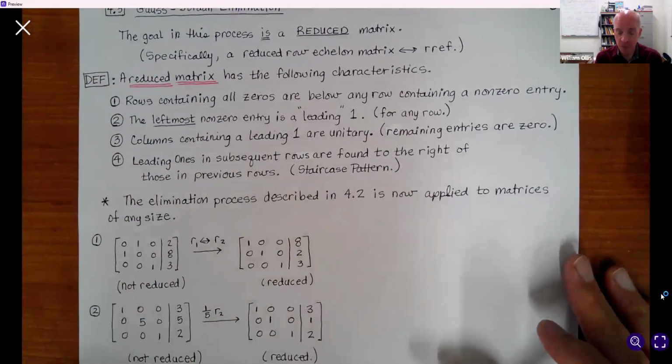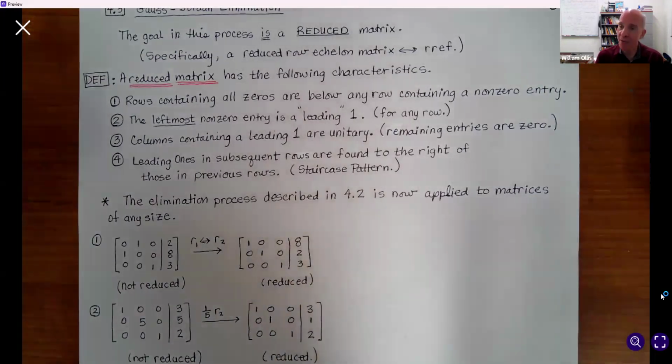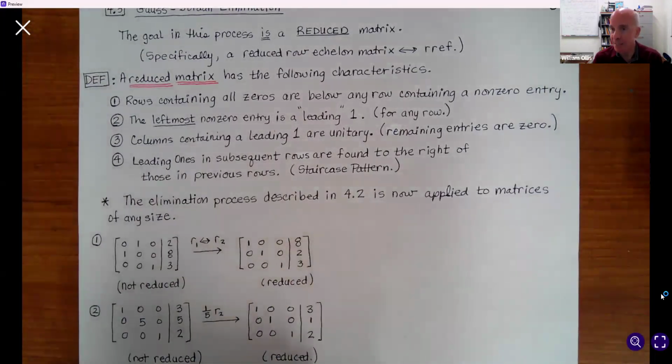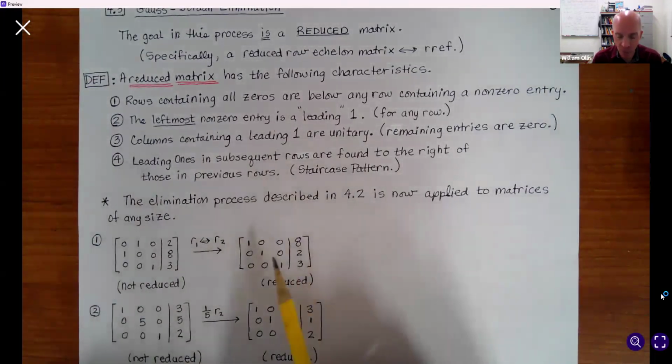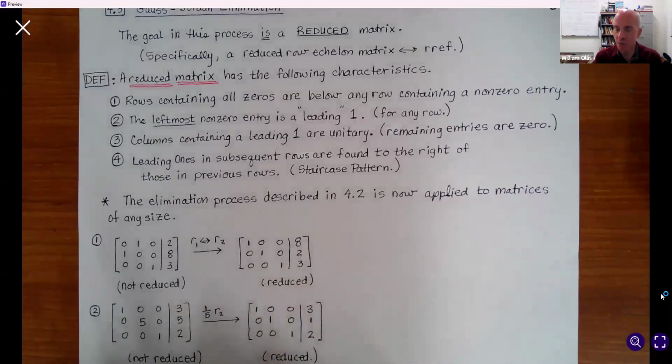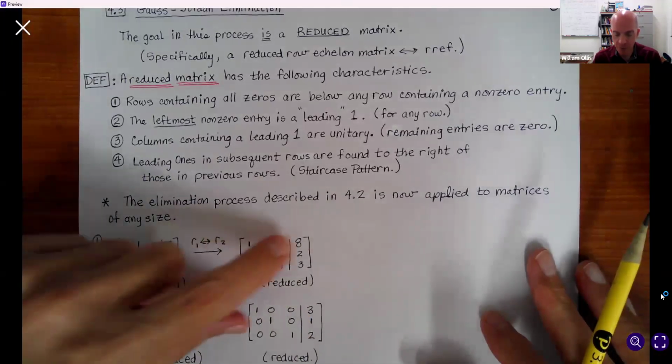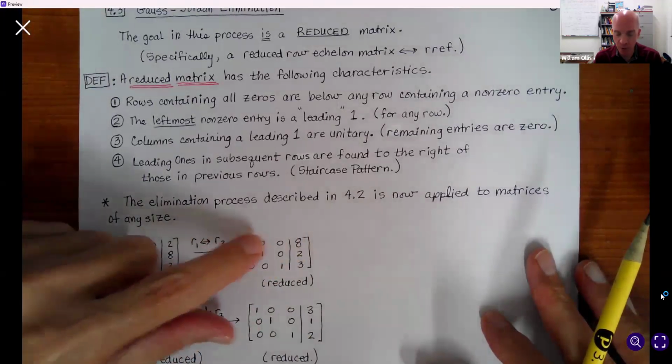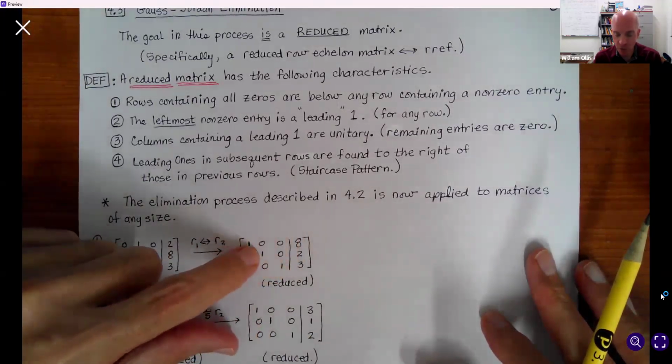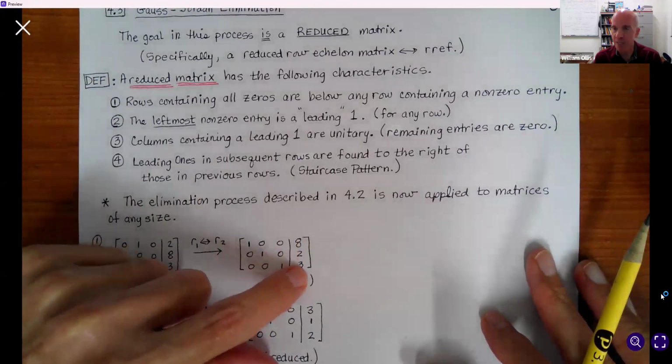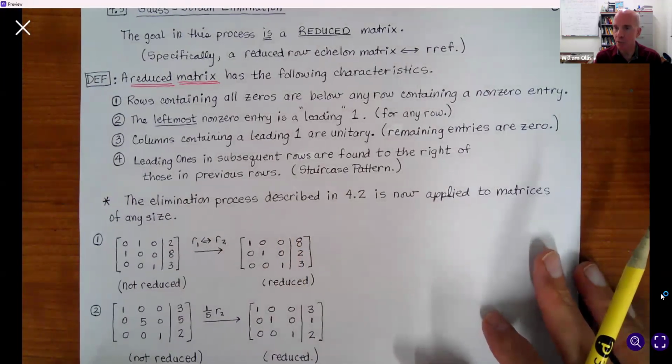of zeros. So just remember, when you think about what we did before, and I commented on this in lecture, is that when you have a situation like this, you indeed have a unique solution, because you could say for this particular matrix, x1 equals 8, x2 equals 2, and x3 equals 3 for a unique solution.